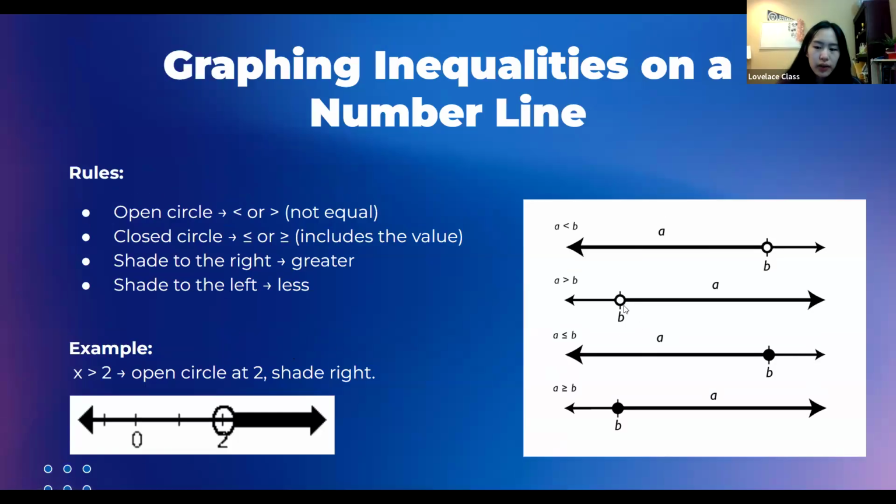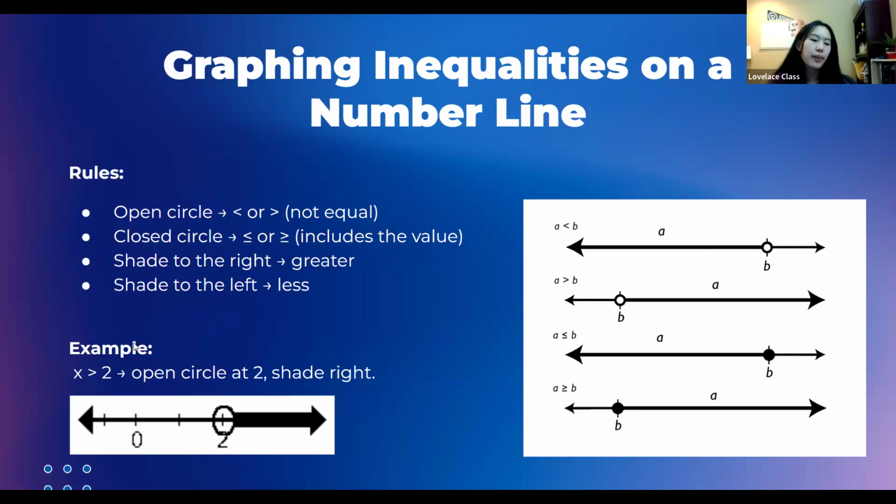An open circle means that it's not equal, that's just greater than or strictly less than. It cannot be equal. A closed circle means that it's greater than or equal to or less than or equal to, so it includes whatever number it's at. An arrow to the right means greater, and an arrow to the left means less than.